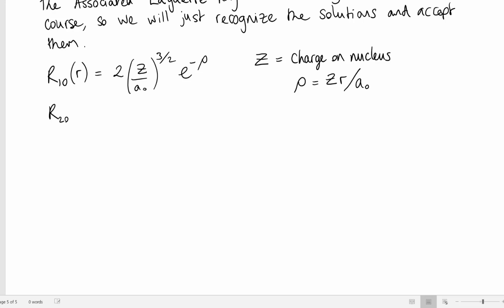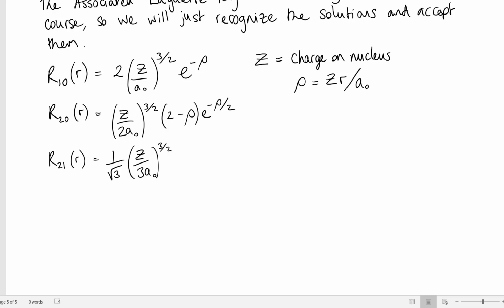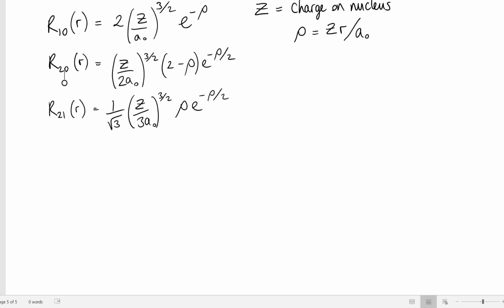So R20, this would be the 2s orbital. So R20, R21, these are the p orbitals with quantum number 2.